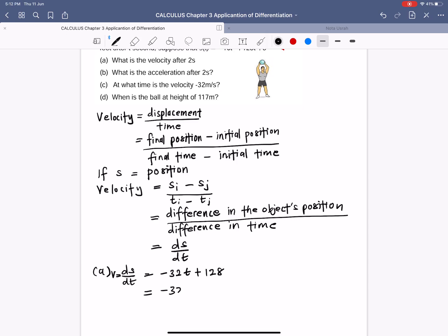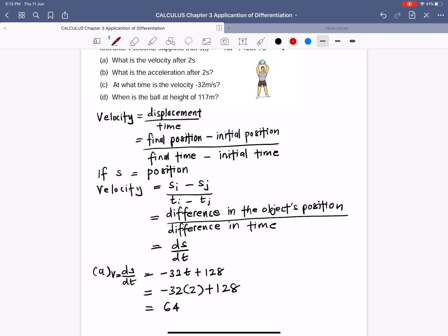So negative 32 times 2 plus 128, sorry, 128, not 96, it is 64.